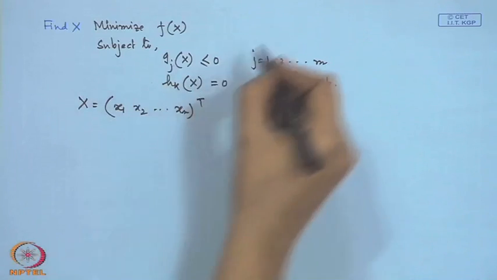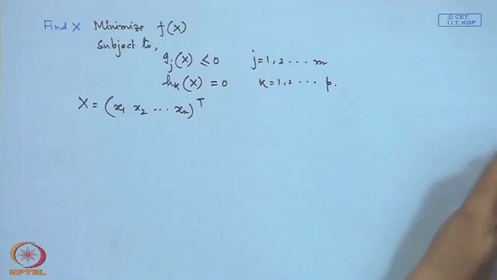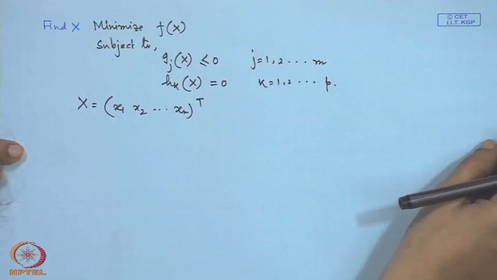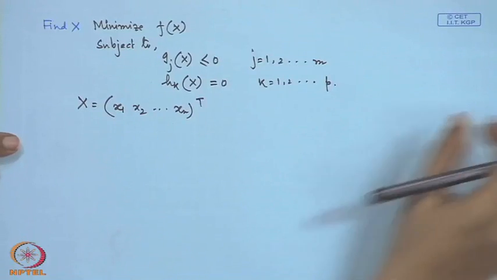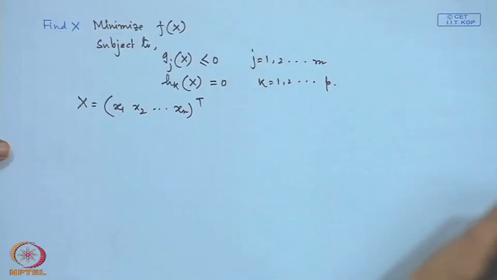Now, this constraint set divides the whole design space into two parts. One part is the feasible space, that is the decision space where the constraints are satisfied, and the other is the space where at least one of the constraints is violated, that is the infeasible space.